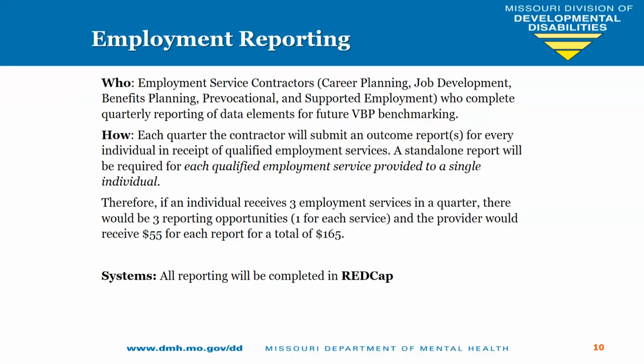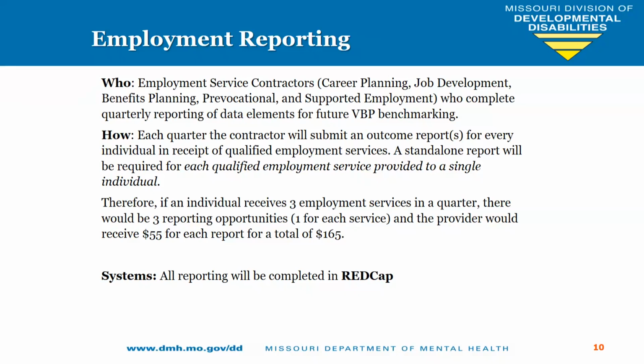So for example, if an individual was receiving 3 employment services within a quarter, for example, let's say they were receiving career planning, benefits planning, and they may also be doing a little bit of pre-vocational activity, the provider would be able to go in and enter a report specifically for benefits planning, a report specifically for career planning, and a report specifically for pre-vocational in that example for the same individual.